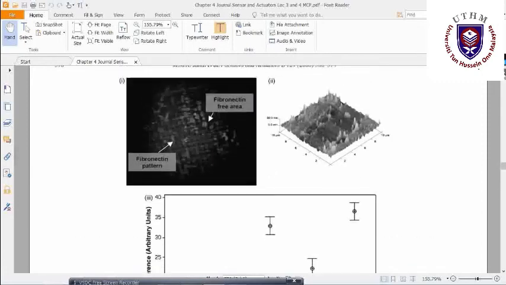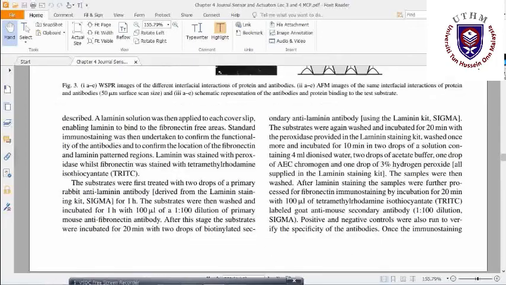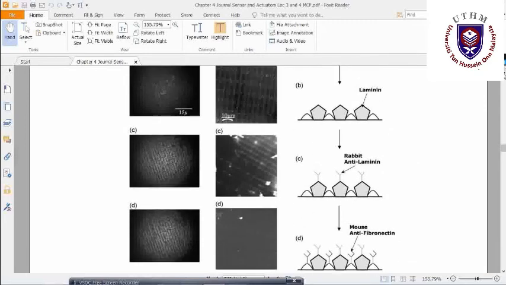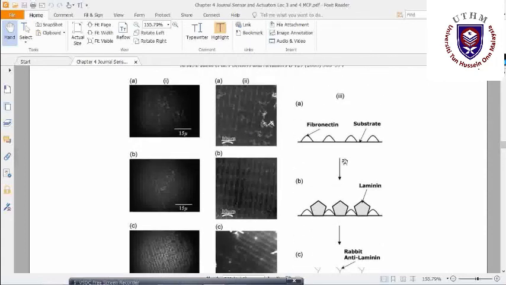Because they expire, we could be working with biological material which is not working properly. So you have to do the immunostaining to verify that the antibody is actually binding to the specific proteins.